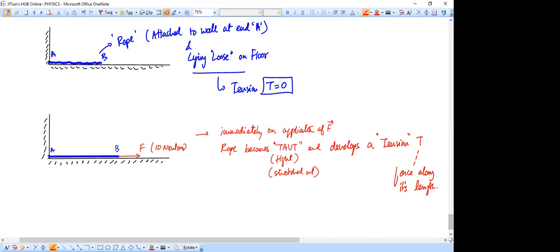Okay, so let's understand what's exactly going on over here. So look at the situation of the rope, and remember, forget about its mass. Its mass is negligible.